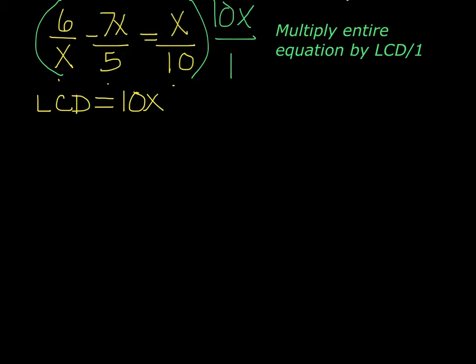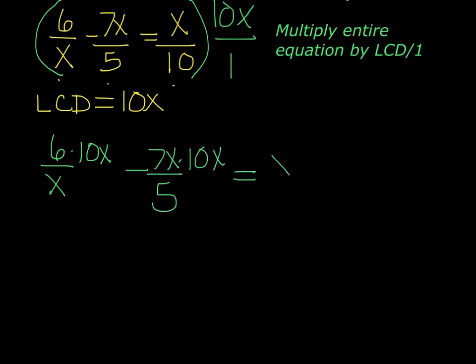So if I multiply 6 over x times 10x, and then I have minus 7x over 5 times 10x equals x over 10 times 10x. I'm just not putting the 1, because you know that's understood. Then what I have here is 6 times 10 times x divided by x. These x's cancel, and I have 60.